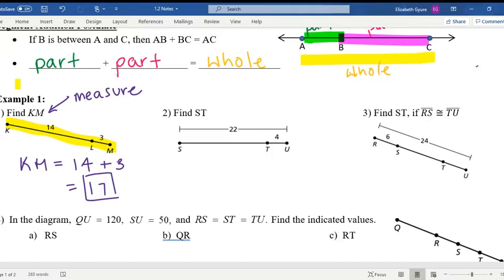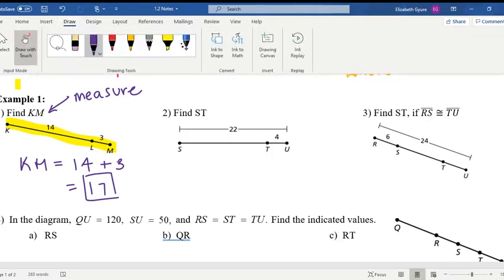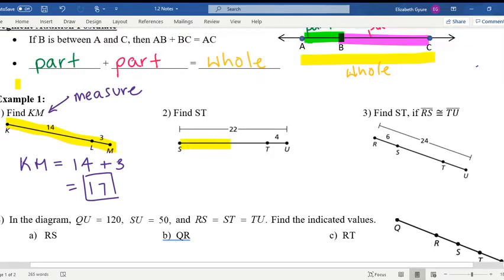Then for number 2, it says find the measure of ST. ST is this little chunk here. So again, look at your labeling. It's telling you from S to U is 22. So that's the whole thing. And from T to U, this little chunk here is 4. You got to find this missing piece.